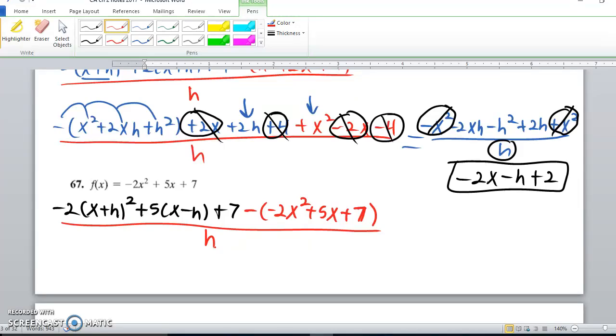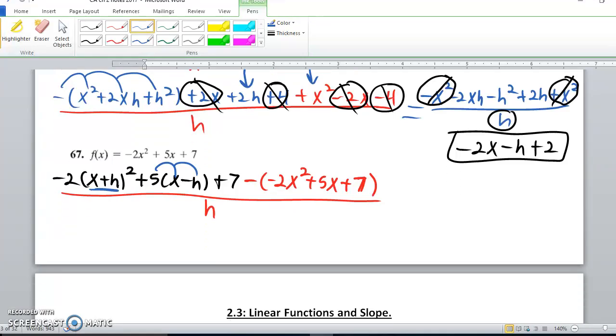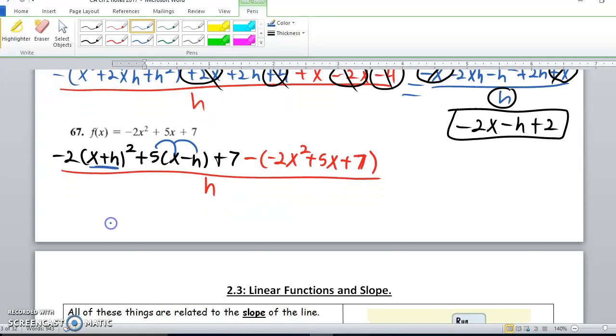And so once again, it's Groundhog Day. We're going to go ahead and square the binomial, which we're going to get the same result we've had in the previous couple problems. We'll go ahead and distribute the 5 right there. So let's scroll down some. Hopefully I can fit it down here.